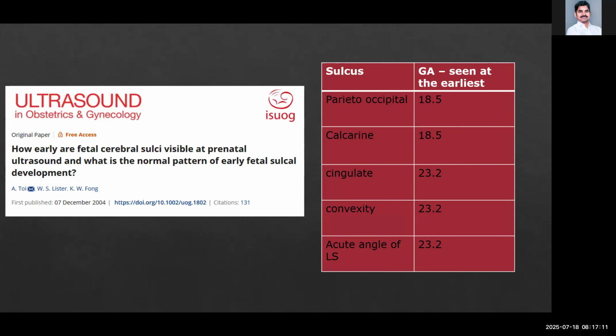If you see in everyday practice, at 19 weeks you won't see the parieto-occipital sulcus. It may be seen in a one-off case, but it has to be 21 weeks for you to consistently see it. Yes, sir. So if you go by this table, then in most of the cases you will be calling back for a sulcal reassessment. Yes, sir.